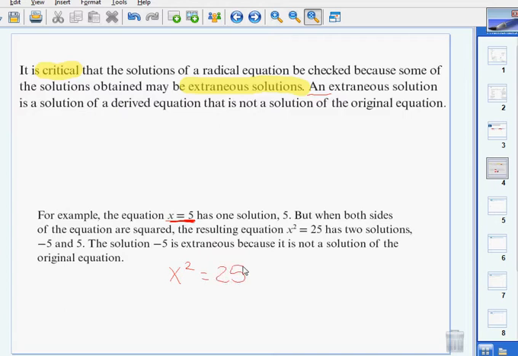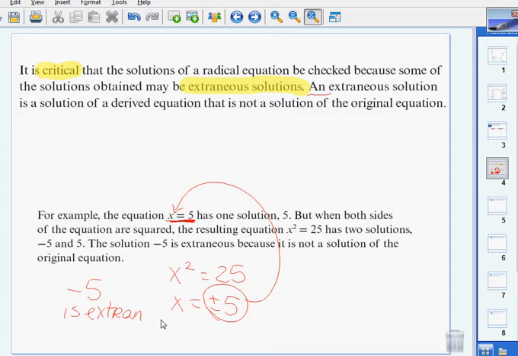But now when you solve this and take the square root of both sides, you get x is equal to plus or minus 5. Now when you try plugging this back into the original, do both of those create a true statement? No. Negative 5 is extraneous. That's the idea there.